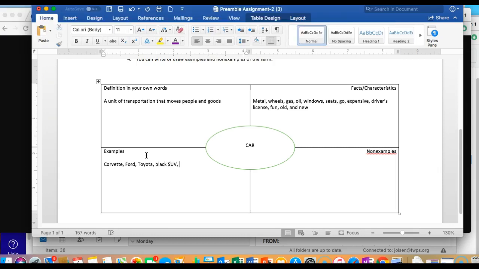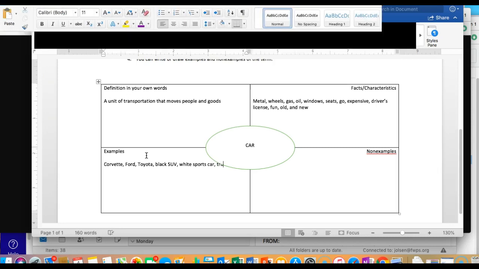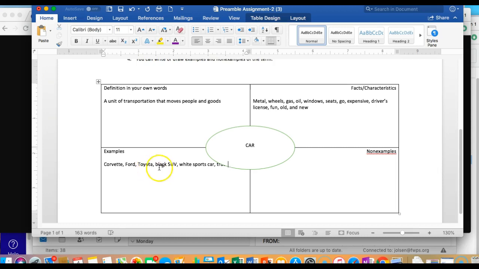Maybe it's a black SUV. Maybe an example might be a white sports car. How about a truck? And I'm getting underneath, so I'm gonna go like that. What else might be an example of a car? Well, nowadays they have electric cars, right? So here are examples of that word.